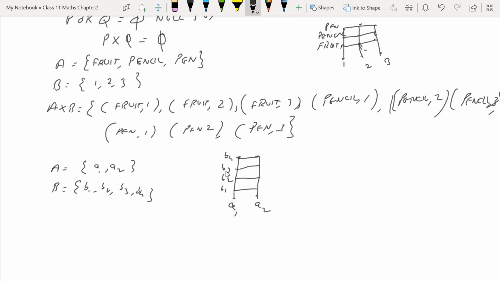All these sets mean there are a total of 8 ordered pairs formed, which can represent the position of points in the plane. 8 ordered pairs would be there from both of the sets.